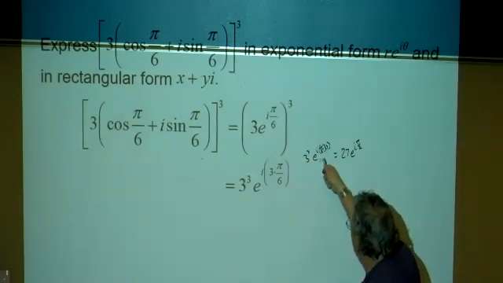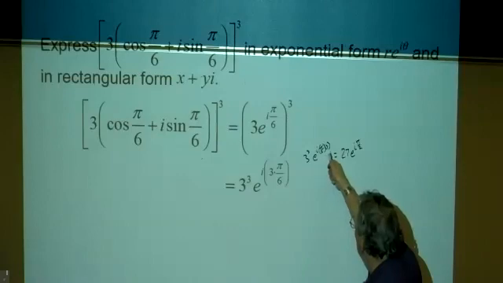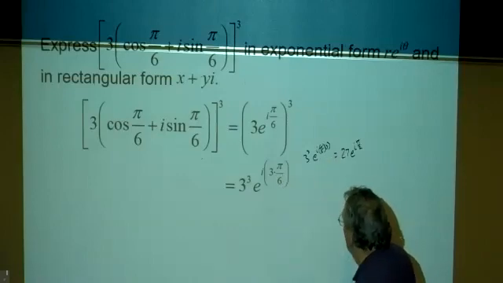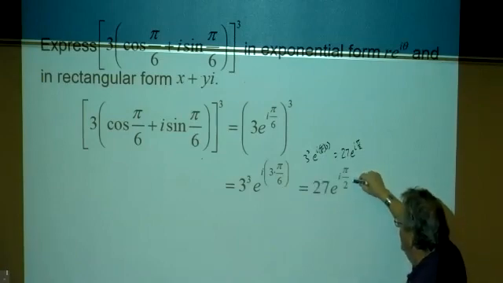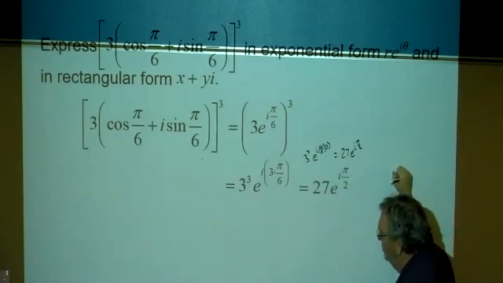Which is what I wrote here. Well, the 3, I reversed that order. And so you still get 27 e to the i pi over 2. That's just really bugging me. It should be pi over 2 i, but that's me.